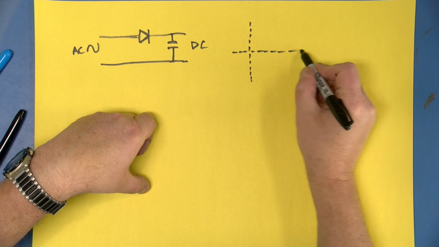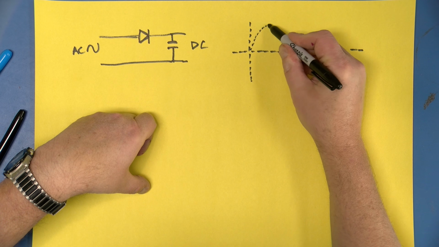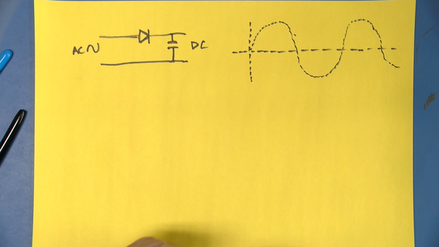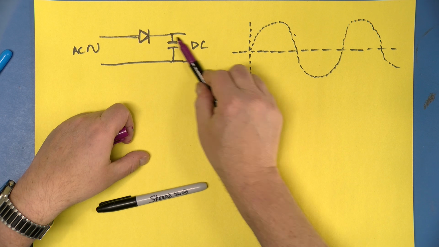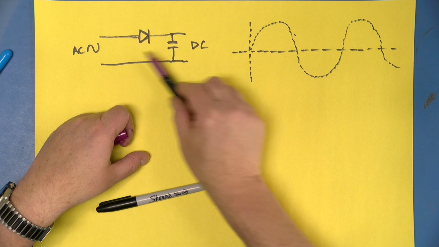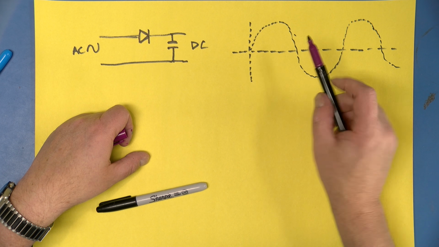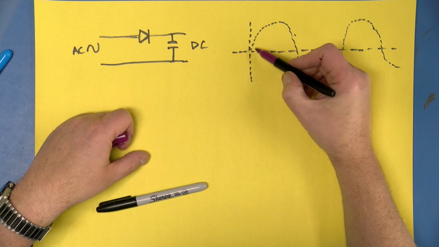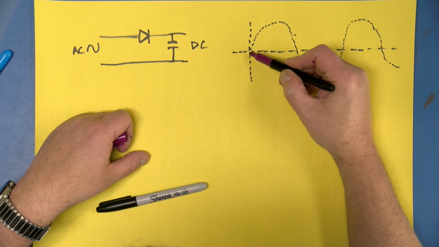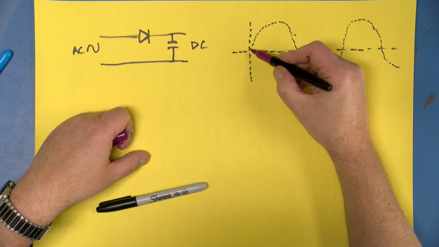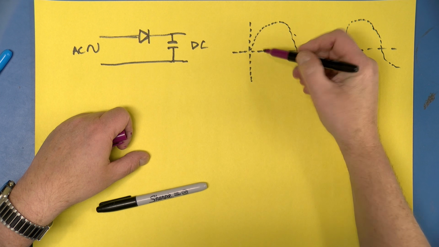We'll just draw a nice little graph. Here is our AC input voltage, like that. And it starts off, the capacitor has no volts on it. We apply the AC, and we'll assume we turned it on when the cycle was at 0 just to make things look kind of nice. As the voltage on the applied AC goes up, the voltage on the capacitor goes up.